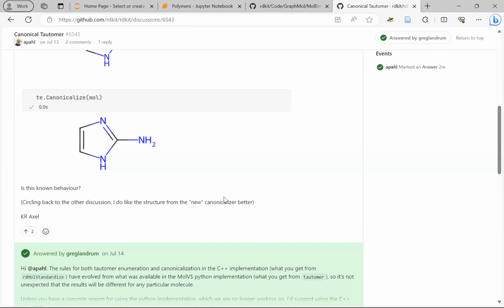And they are configurable, so you can always add rules if you want. There's a configuration option where you give it the list of enumeration rules, so if there's something missing, you can add it yourself and then have your own version of the enumeration. The canonicalization bit then just goes through all of the enumerated structures and picks the one that scores best. So that will automatically lead to the canonical one being picked potentially from that set that includes your new tautomers.